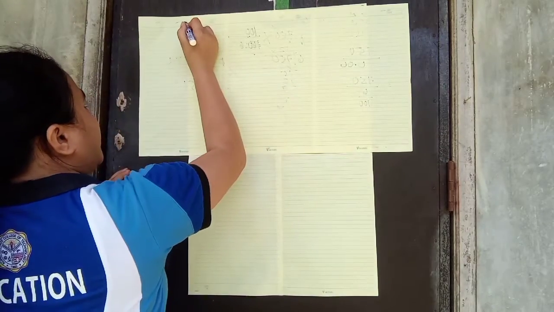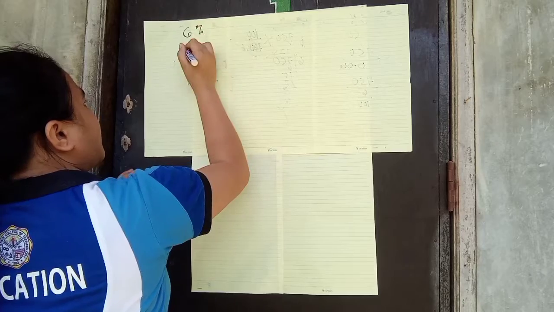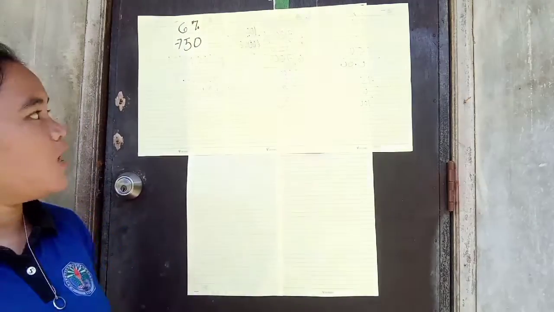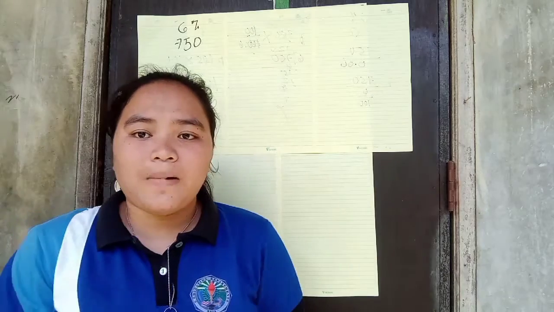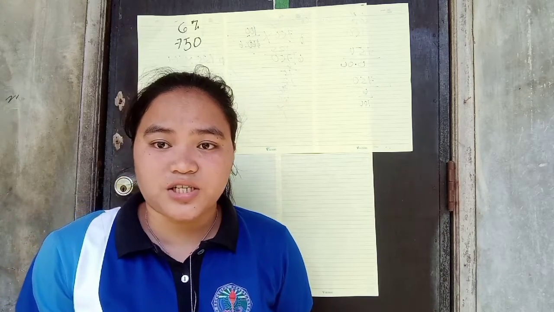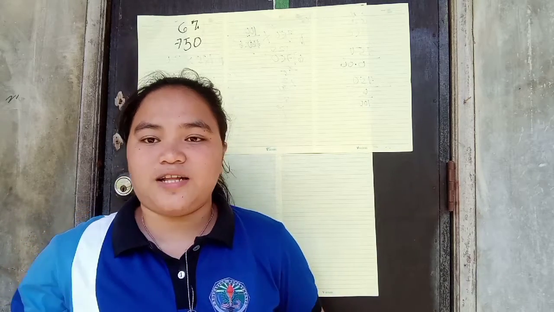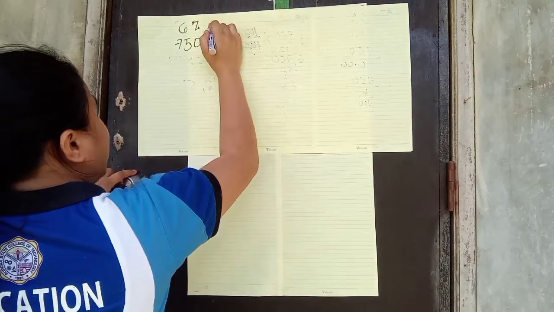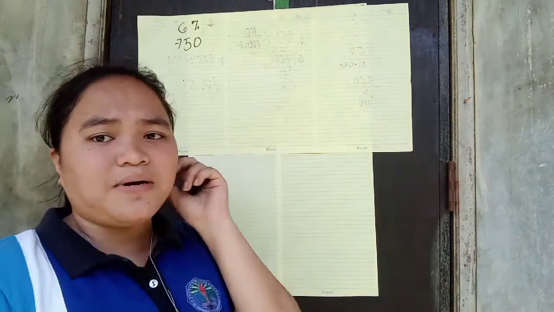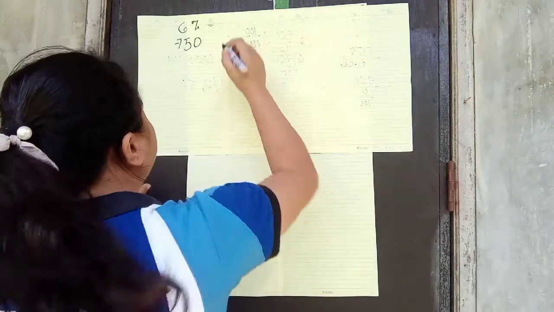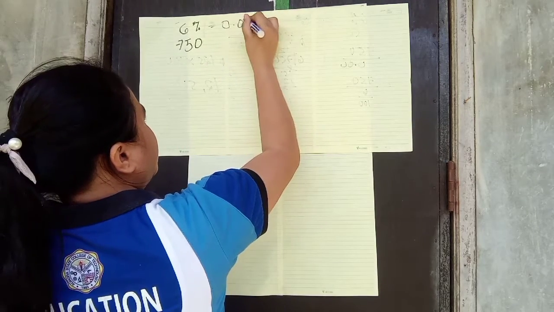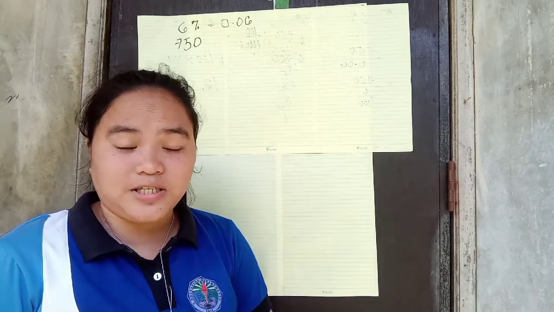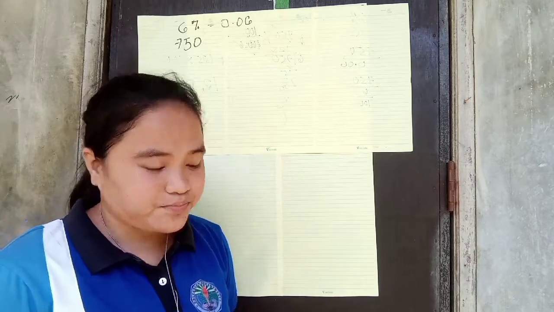Our given number here is 6% and 750. So, paano natin siya makukuha yung given answer na 12,500? Now, first, we'll be converting the percent into decimal point. So, the decimal point of 6% is 0.06. Okay, now, let's proceed to our solution.